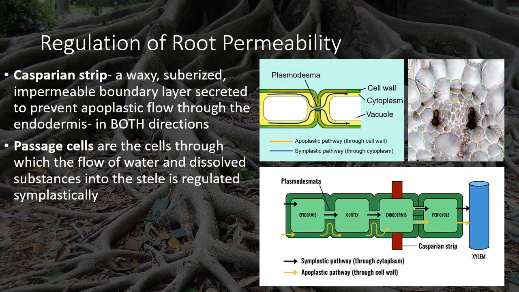The cells through which flow of water and dissolved substances is allowed are called passage cells, and they are able to regulate the flow of water and dissolved substances into the stele, which is the vascular core of the root, symplastically. So everything has to go through them in order to be allowed into or out of the root.